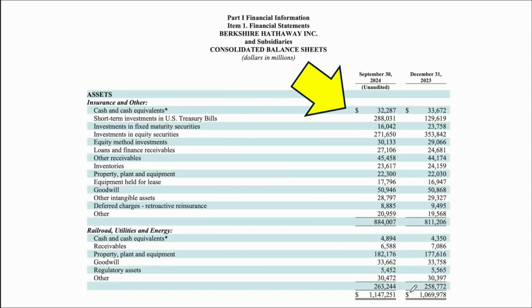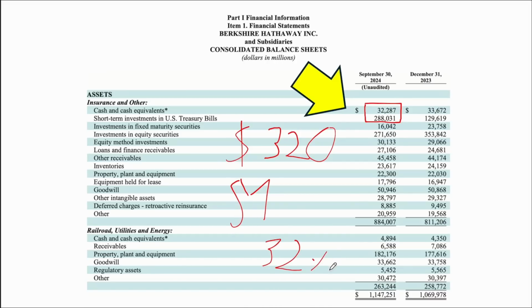And if you look at, for example, the company that has the most amount of cash globally, that's Berkshire Hathaway. This is 320 billion in cash. Compare it to the 1 trillion market capitalization. So 32% of Berkshire's market capitalization is in cash.